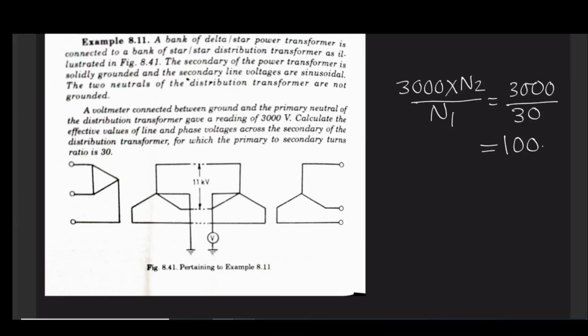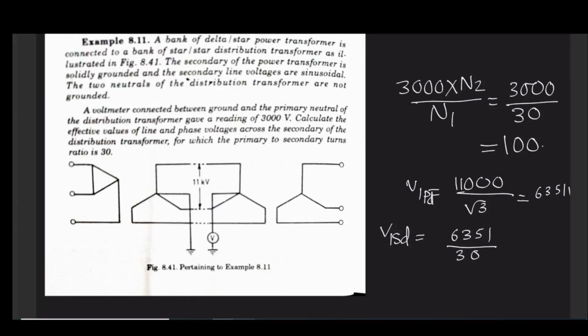Therefore you can find V1 is equal to how much, V1 primary is equal to 11,000 by root 3, which is 6351 volt, and the distribution transformer turns ratio is 30, so it will be 6351 by 30, which becomes 211.70 volt.